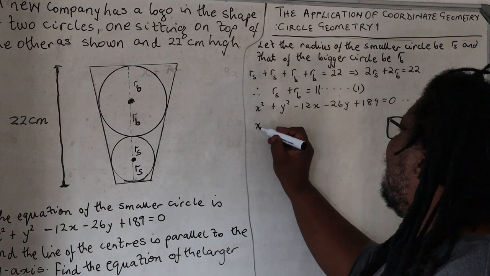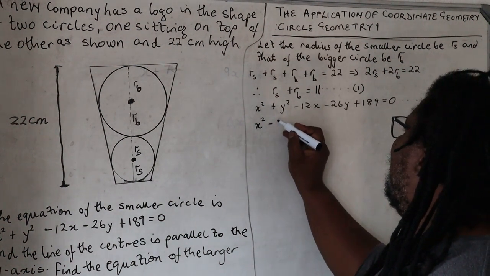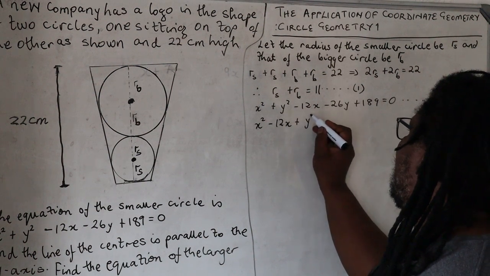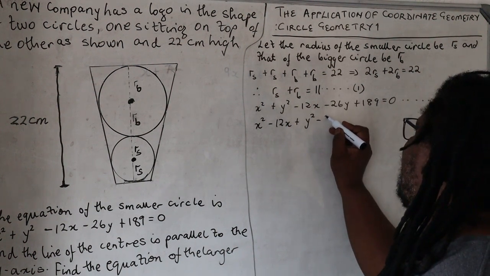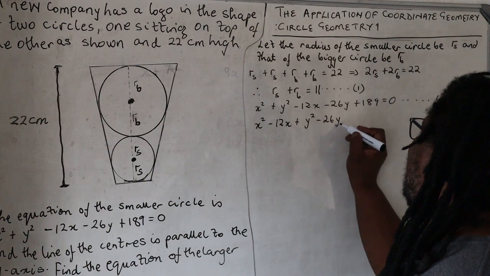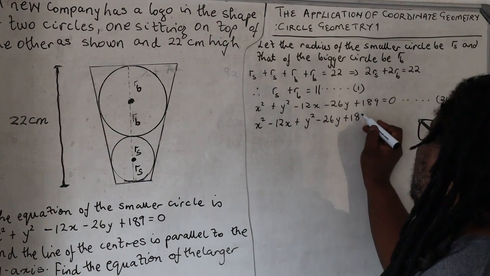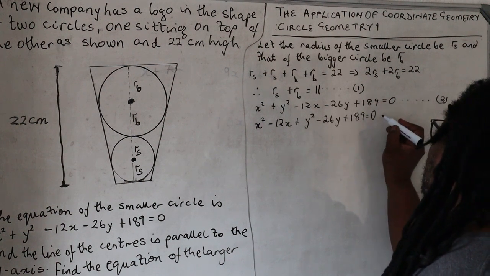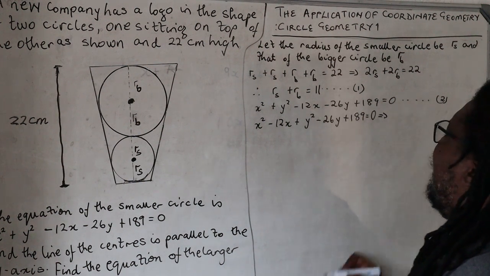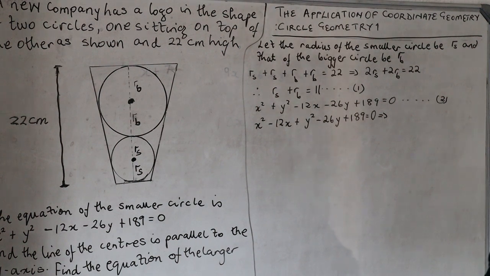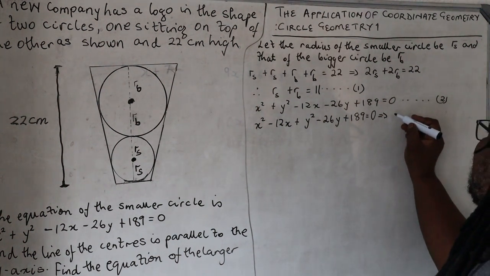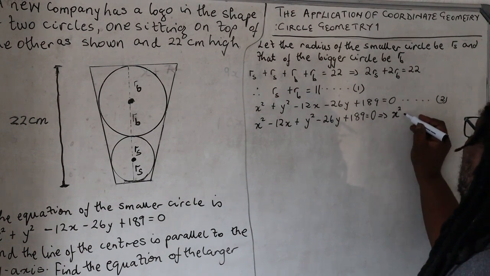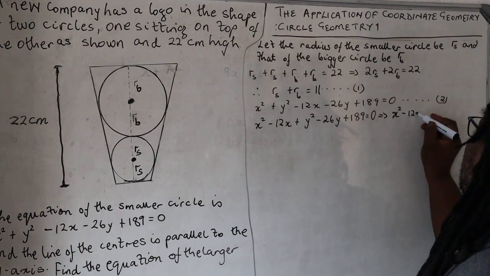So we have the x squared minus 12x plus y squared minus 26y plus 189 equals to 0. To preserve space, we can say there x squared minus 12x.